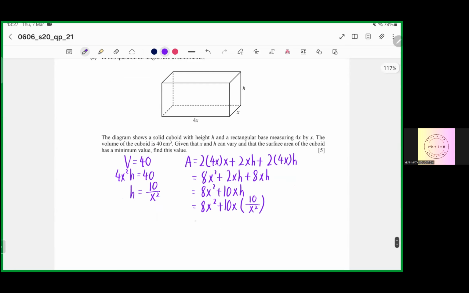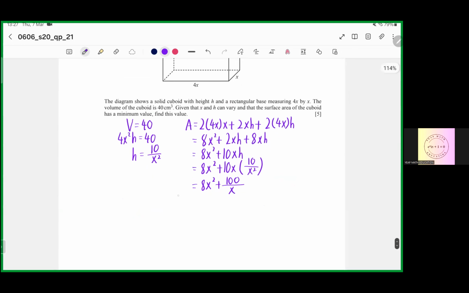Okay, now we got 8x squared plus 100 over x. Okay, now we do the first derivative first. dA/dx equals 16x minus 100 over x squared.